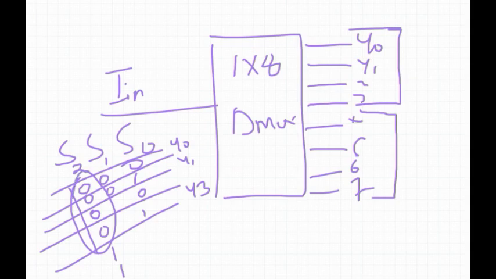You want to turn this one on using S2, just like we used the chip enable pin to turn one of the multiplexers on when the other one is off.